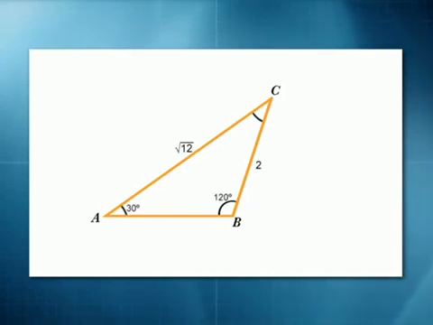A is 2, B is square root of 12, angle is 30 at A, angle is 120 at B, so C equals the difference, 180 minus 30 minus 120, or 30 degrees. Isn't that interesting? The angle at C is the same as the angle at A. We have an isosceles triangle, don't we? Oh, okay, so the side AB, the side opposite angle C, is 2, equal to the other side of 2. And so this is a second triangle that satisfies the original data.